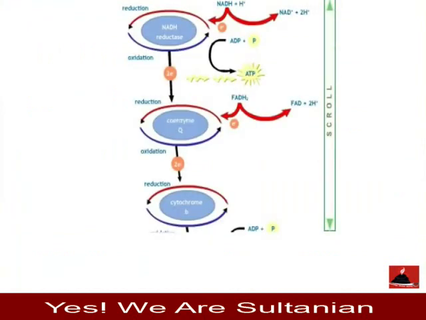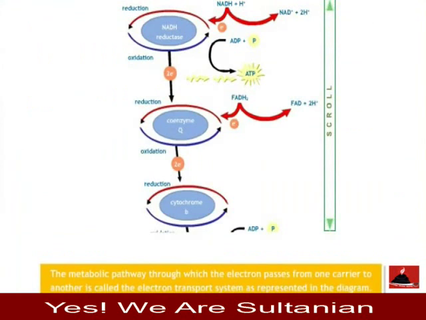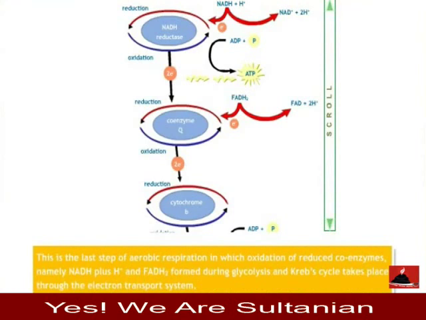The electron transport system. The metabolic pathway through which the electron passes from one carrier to another is called the electron transport system as represented in the diagram.